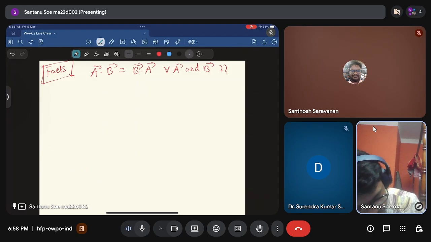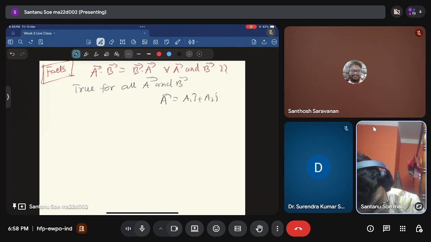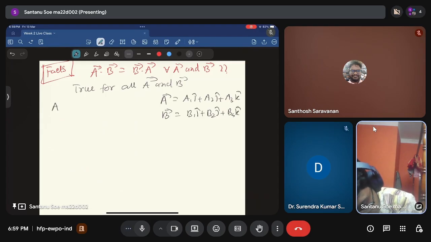So indeed this is true for all A and B. Because for example, if you take A as A1 of I plus A2 of J plus A3 of K, and B as B1 of I plus B2 of J plus B3 of K, then A dot B is just A1 B1 plus A2 B2 plus A3 B3, right?